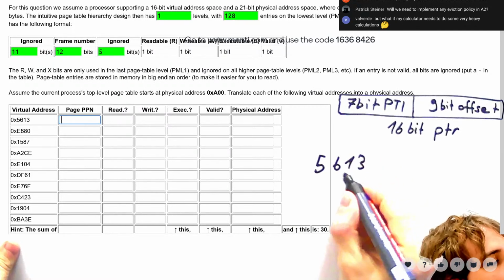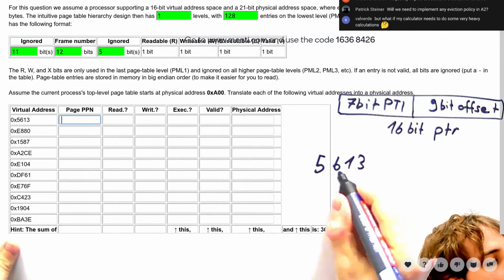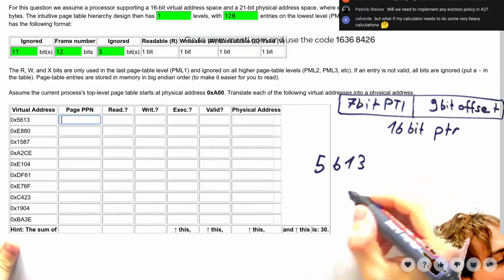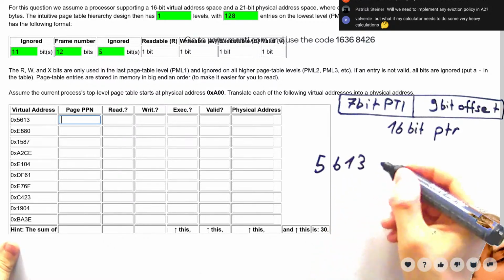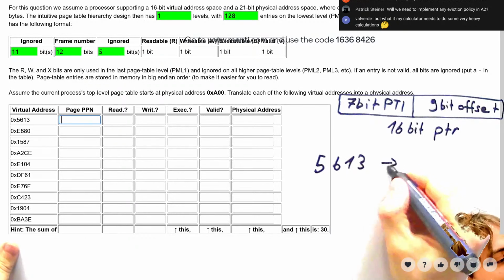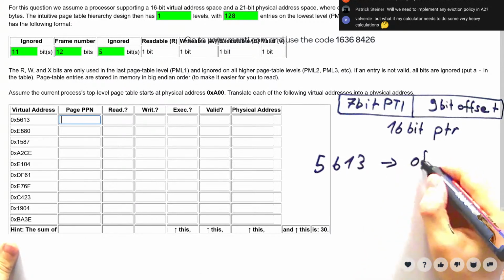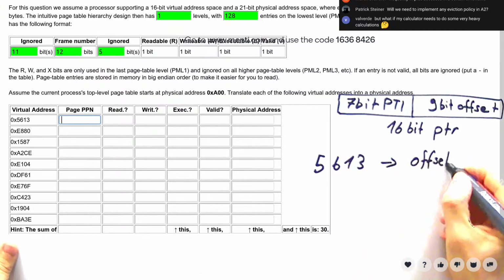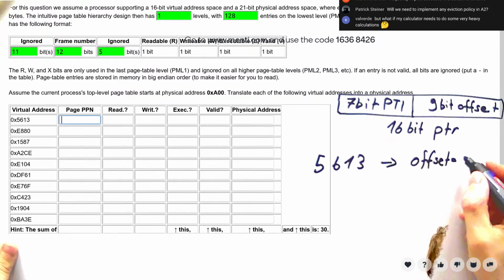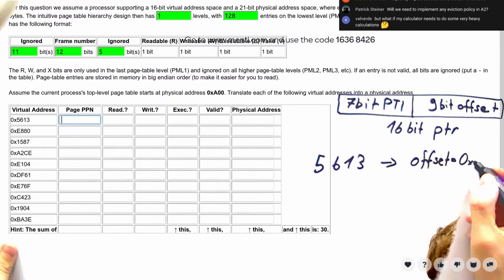5613, we know that this is 8 bits. We need 1 bit from here, from the 6. So that means that this one leads to an offset. The offset will be 0x13.